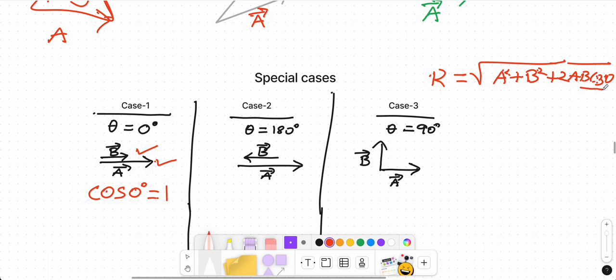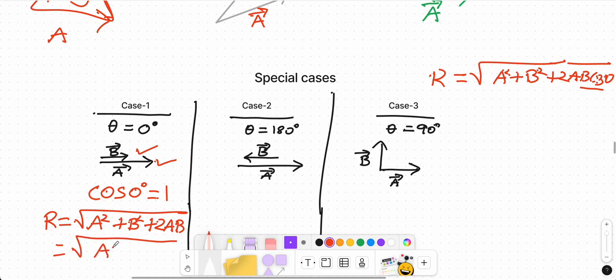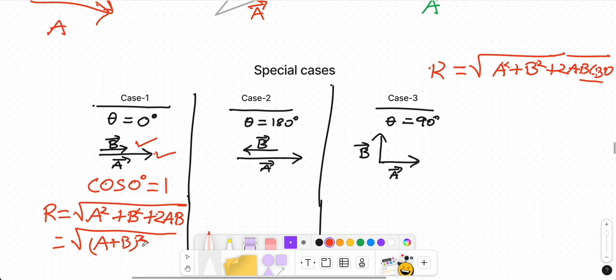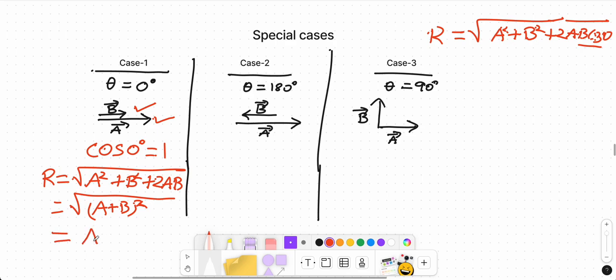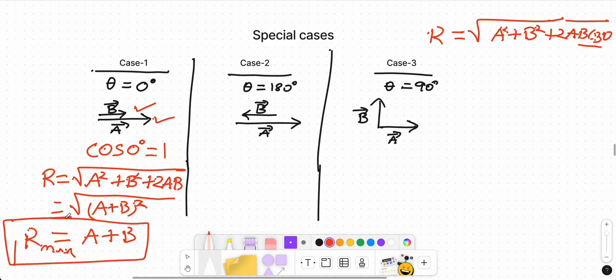If I substitute cos theta as 1, then I will get a square plus b square plus 2ab. But this is a plus b whole square. So the magnitude of the resultant is simply a plus b. And in this case the resultant has its maximum value, that is a plus b.